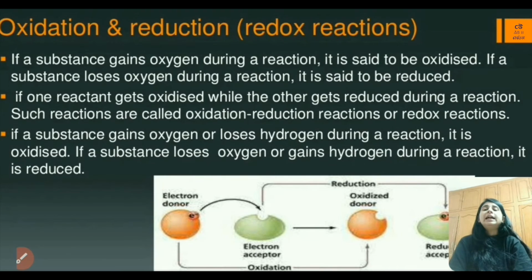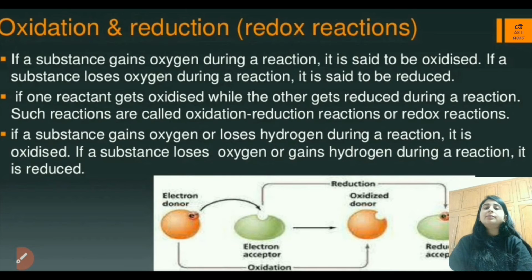So if a substance gains oxygen during a reaction, it is said to be oxidized. मतलब बहुत simple फंडा है कि अगर कोई भी substance या material is gaining some amount of oxygen, we'll say that it is oxidized.